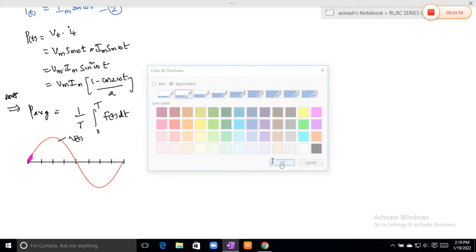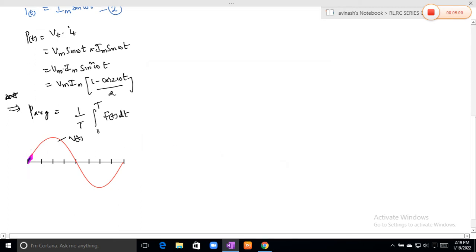So this is the current waveform. If you observe the voltage and current waveforms, they are Vm sin omega t and Im sin omega t.